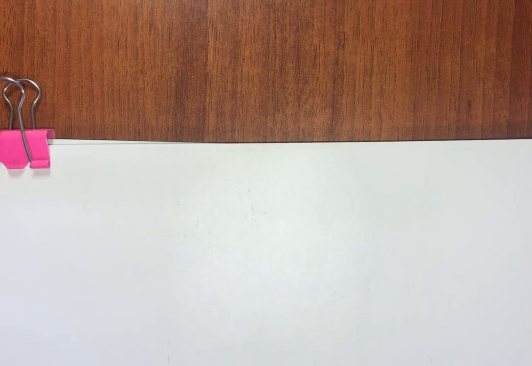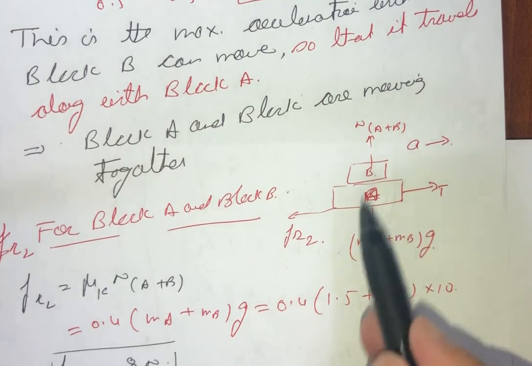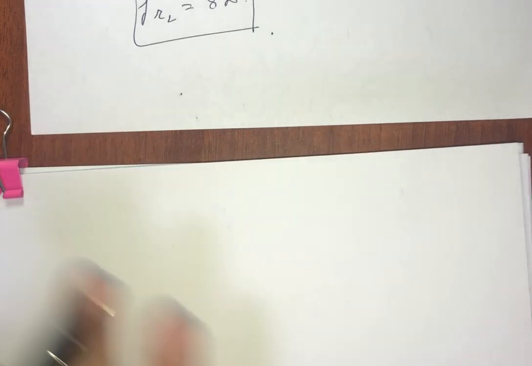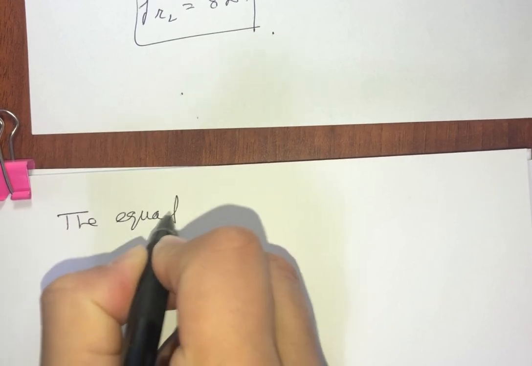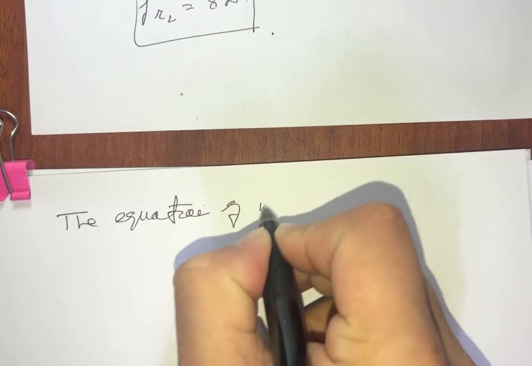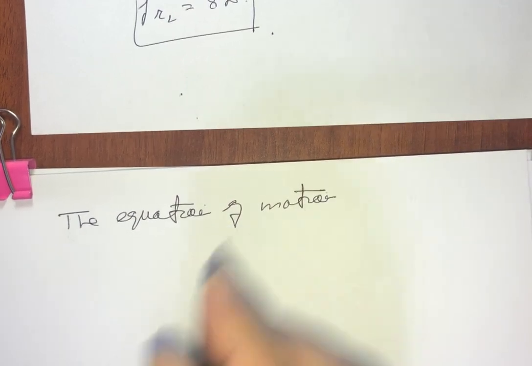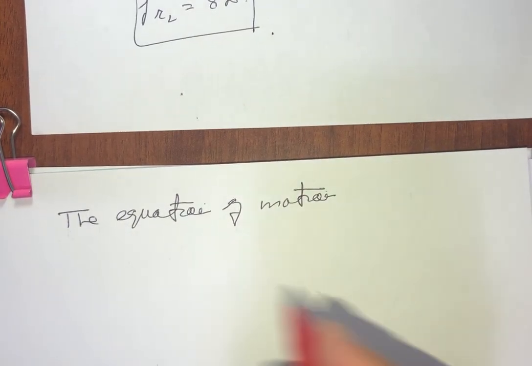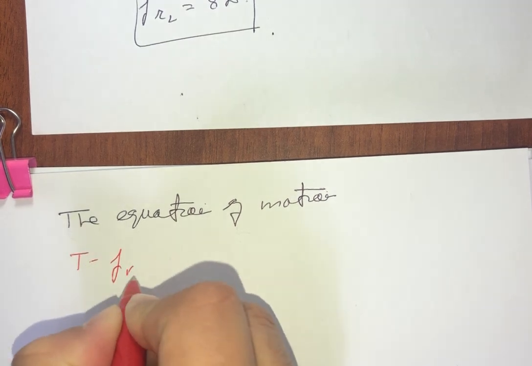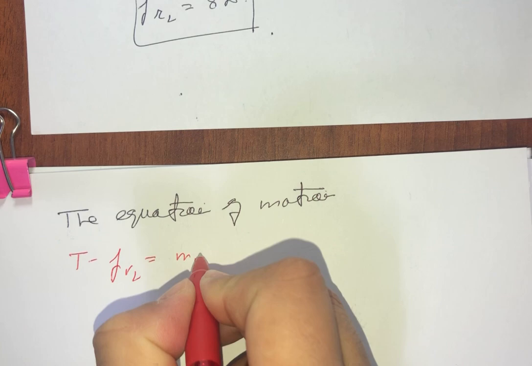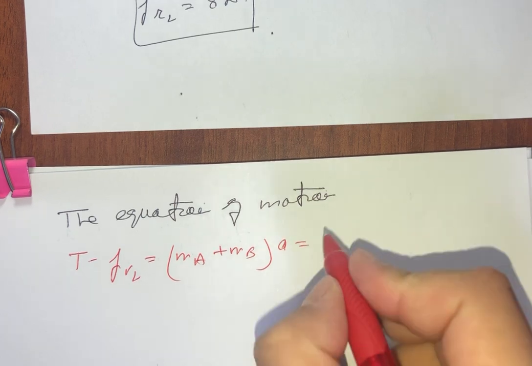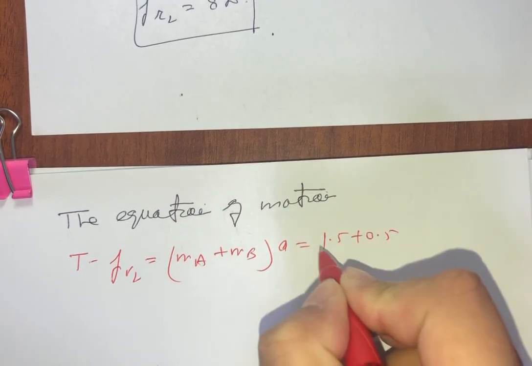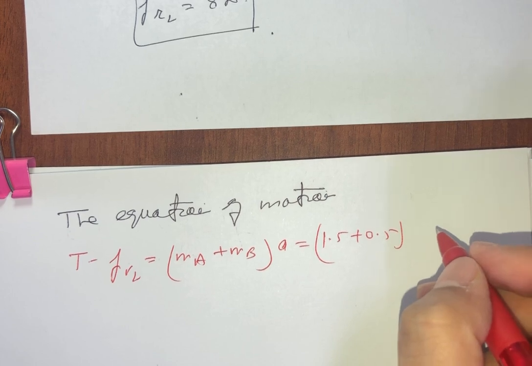So let us now write the equation of motion for the combined motion. T minus Fr2 will be equal to (mA plus mB) times a. mA plus mB is 1.5 plus 0.5 and the acceleration is 6.